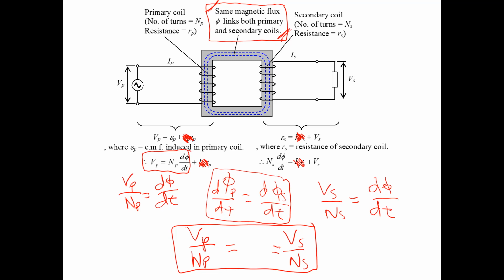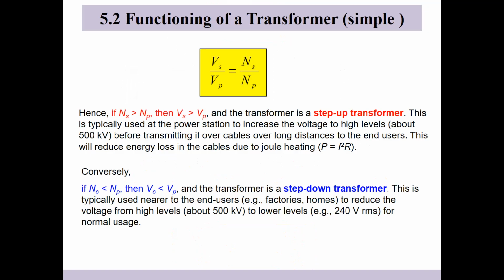And if you're going for the full credit of A, you might want to revisit this slide again in the video. You just want to note down, revisit this video. Done. Right, so I've proven to you why Vs over Vp is Ns over Np.